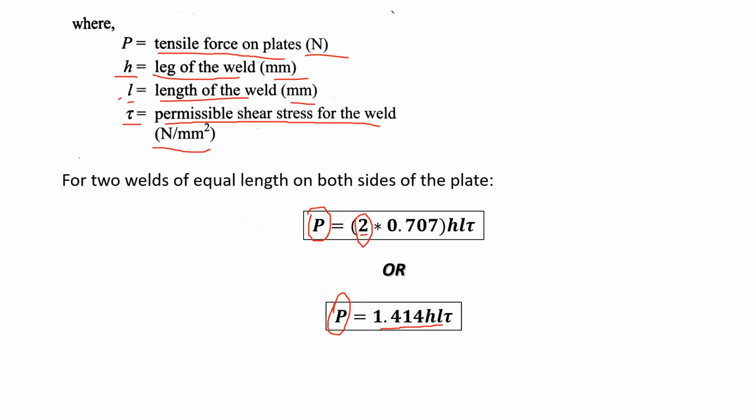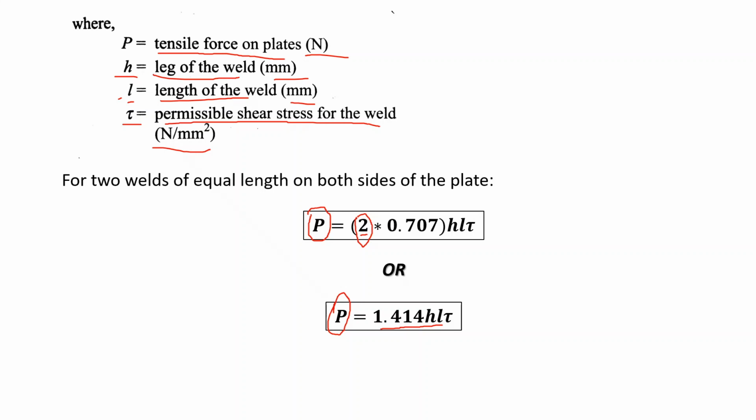The point which I want to tell you is that in case of static loading, the permissible shear stress for the fillet weld is taken as 94 megapascal or 94 Newton per mm square as per the code of the American Welding Society. So in case the permissible shear stress is not given to you in the examination, you have to always take it as 94 Newton per mm square as per the American Welding Society.